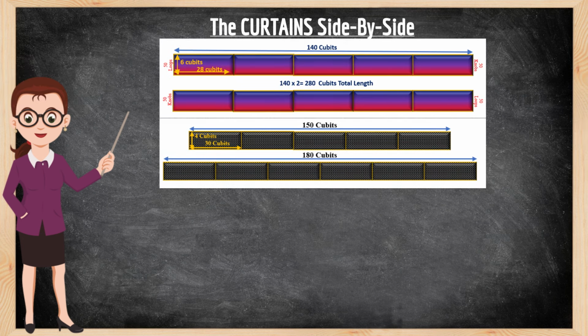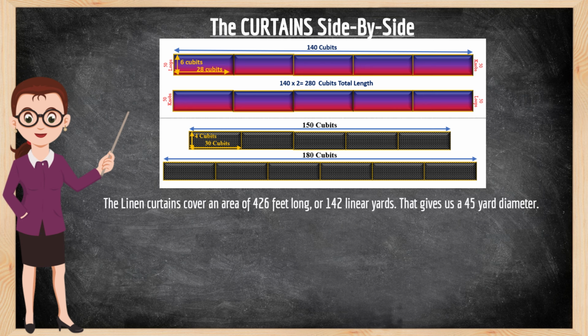But now let's take a look at the side-by-side comparison of the total of the linen curtains and the goat curtains. So the linen curtains cover an area of 426 feet long, or 142 linear yards, which gives us a 45-yard diameter.